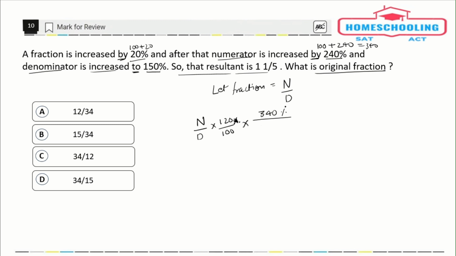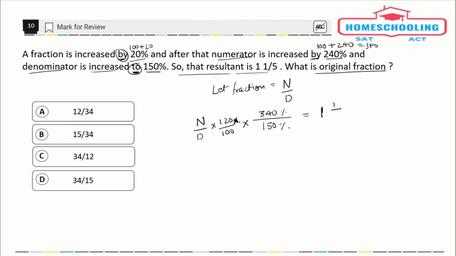And denominator is increased to 150%. So we will simply write 150%. If by is there, we have to write 100 plus that percent by which it has been increased or decreased. So what is the resultant?